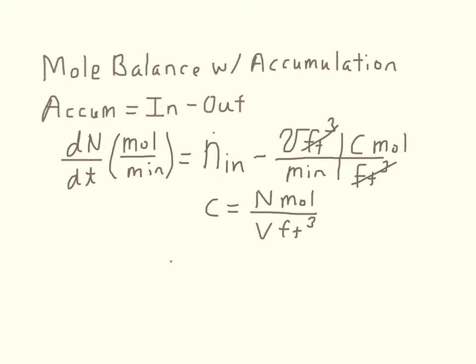So we have moles per cubic foot, that's the concentration. So substituting that in to the equation, we have N in minus V, the volumetric flow rate, divided by the volume of the system, times the number of moles in the system. So there's an equation that we can use to solve for the number of moles in the system as a function of time.